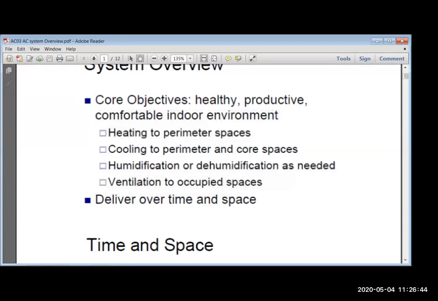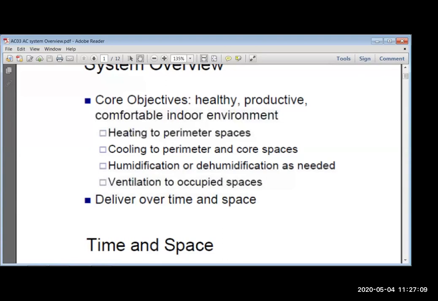In winter, you may need to heat the perimeter spaces. And the rooms deep inside the building, away from the external wall, may not require heating. So in winter and summer, both temperature maintenance is required.